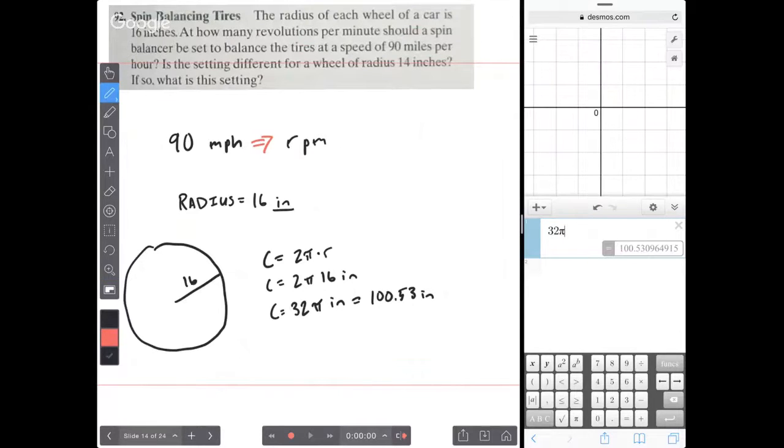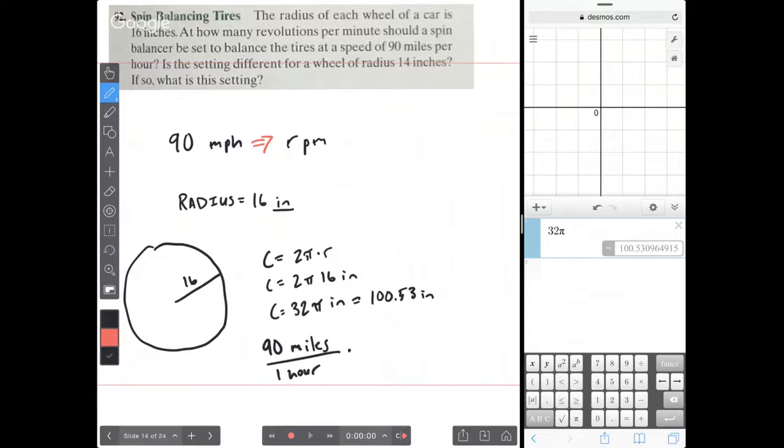So 90 miles per 1 hour. And I need to convert this into minutes, and I want inches in the end.